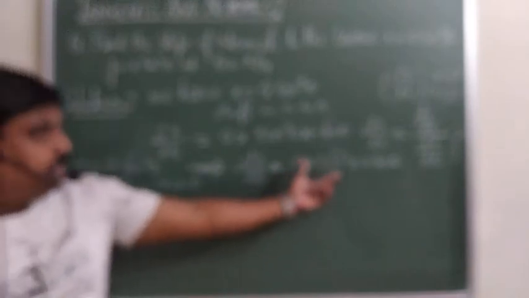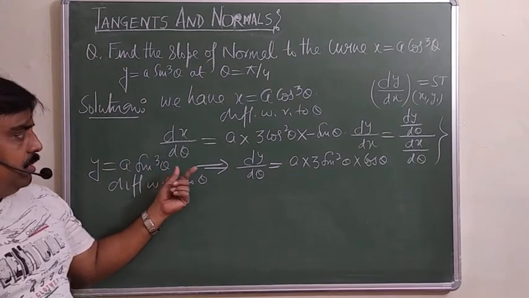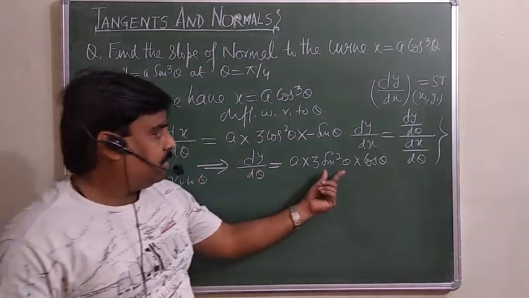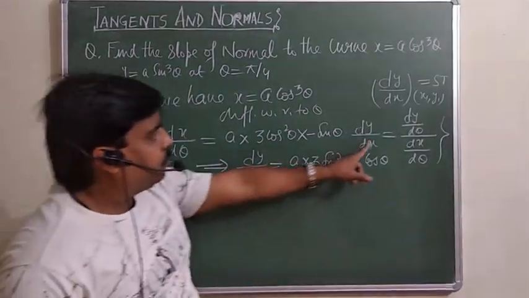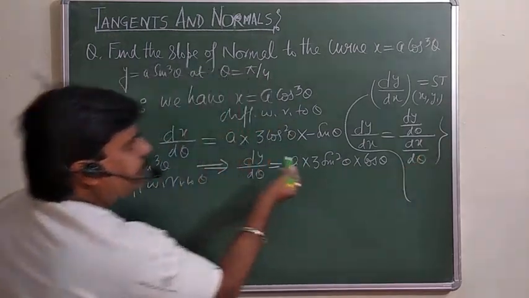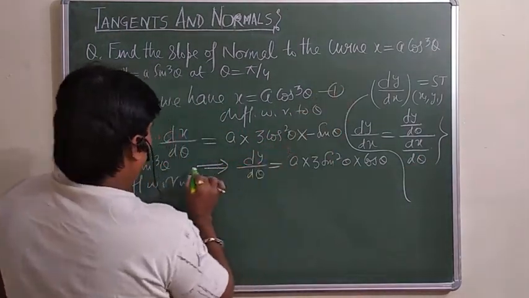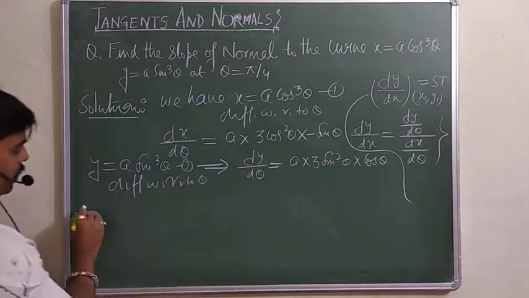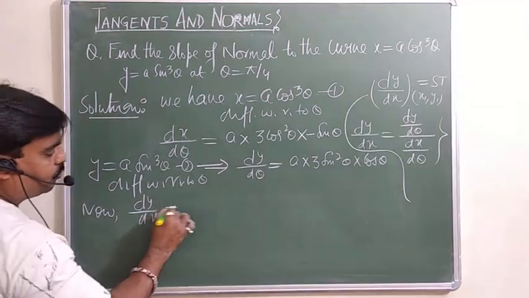You have to apply the chain rule here. First, sin theta whole cube gives 3 sin theta to the power 3 minus 1, into the derivative of sin theta, which is cos theta. From here only you have to find dy over dx. Now dy over dx you have to calculate first.